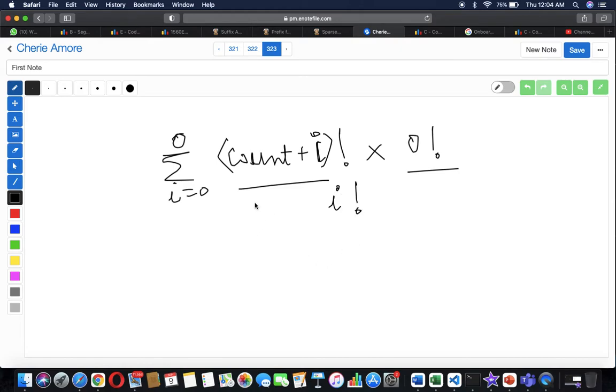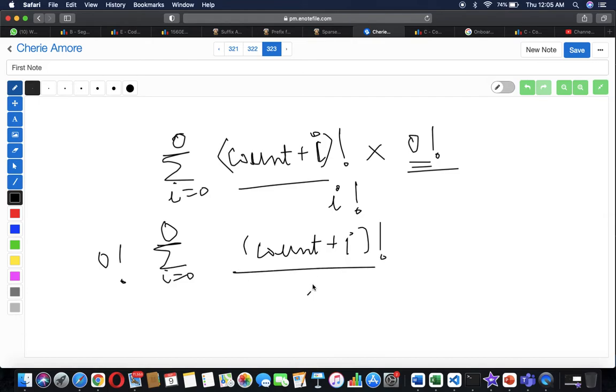Great. Now, again, this is where math will come in. Other is a fixed number, so we can take it out of the summation: other factorial, summation for I equal to 0 to the value other, (count plus I) factorial divided by I factorial. Great. Now I'll recommend you to take count factorial outside.